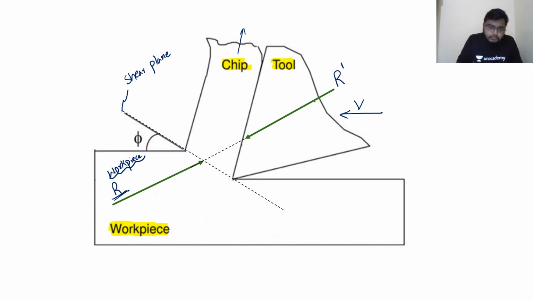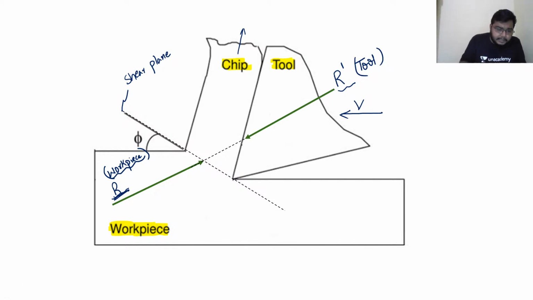Clear? So there are two resultant forces, R and R dash. R dash is given by the tool and R is given by the workpiece. Clear?